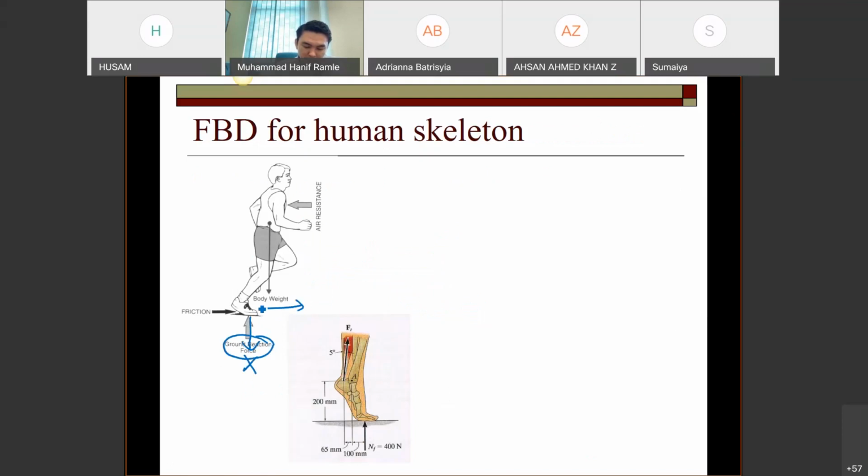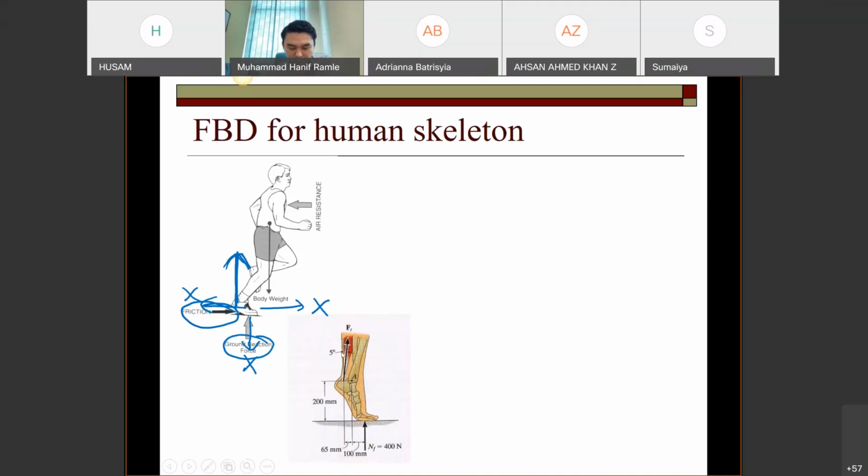This foot cannot go right and left because we do have friction, a rough surface there. So the foot can only go up. For example, I select the foot, and the body weight must be at the center of the body.